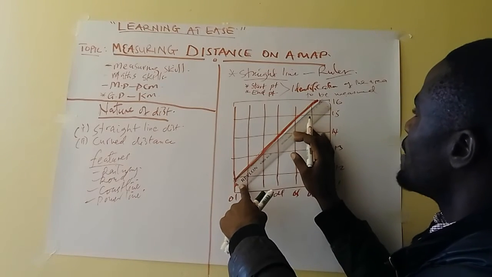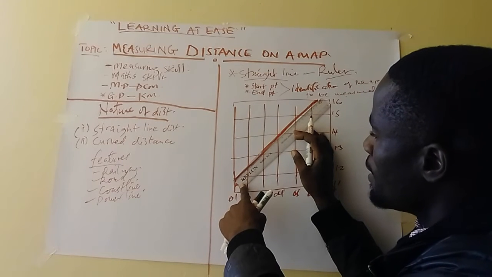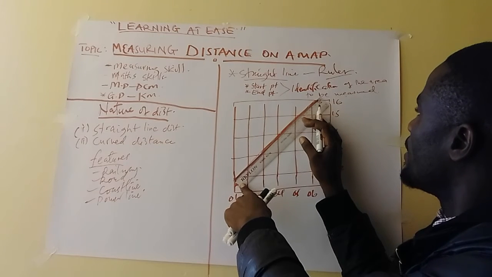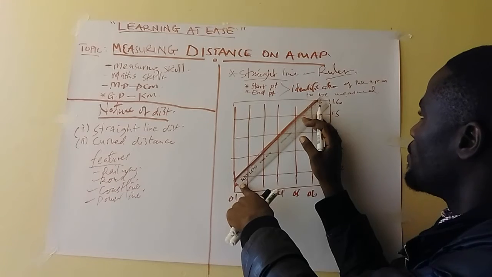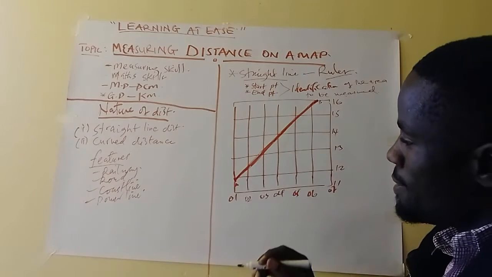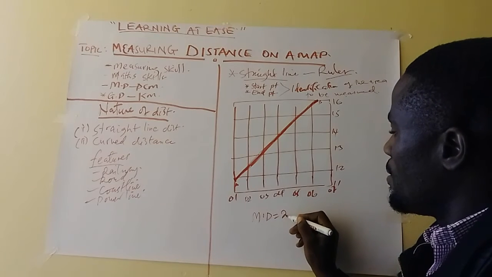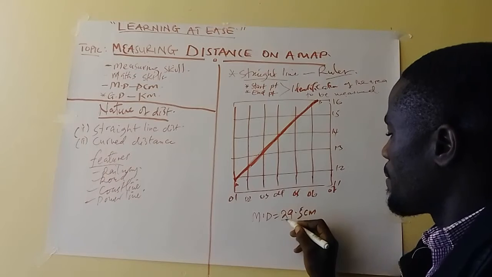Map distance, assuming, not assuming, for you must be exact. I have 0 here. I have 29.5. So I have my map distance as 29.5 centimeters.